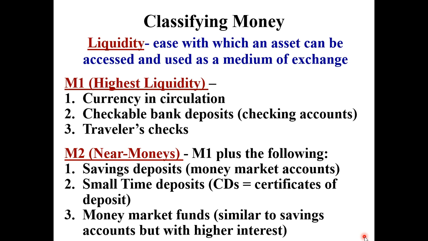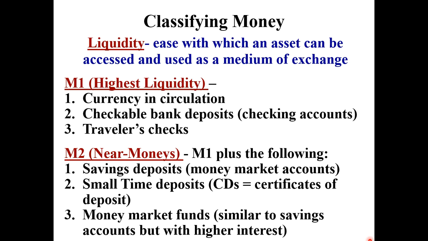M2 is considered near money. Now, M2, this is the part that people always forget. Don't forget, M2 includes all of M1 plus the following things: savings deposits, small time deposits like CDs, certificates of deposit, and money market funds. Now, they're not super difficult to cash out and use as money, but they do require an extra step. For example, a savings account.